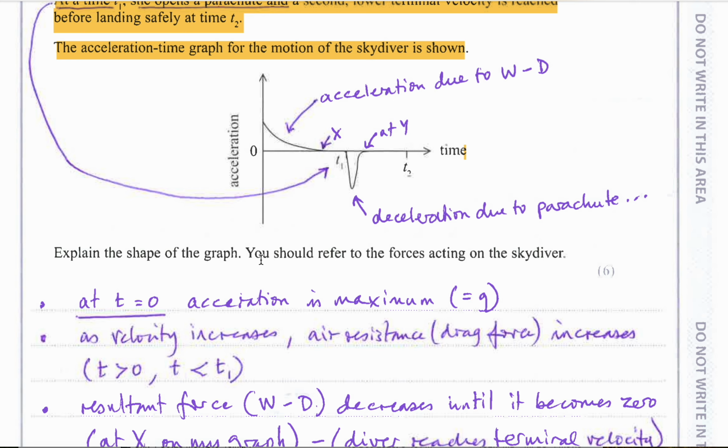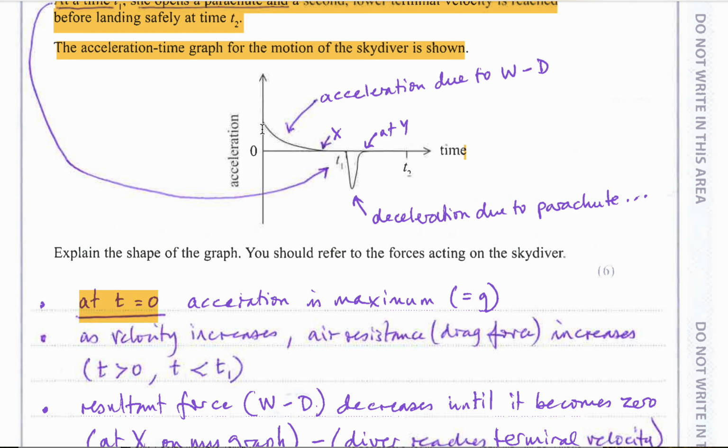So, how do you do that? At time t0, the acceleration is the maximum. So when time is 0, the acceleration is a maximum and it's equal to g. Well, the acceleration downwards, I should say, is a maximum because it's in free fall.